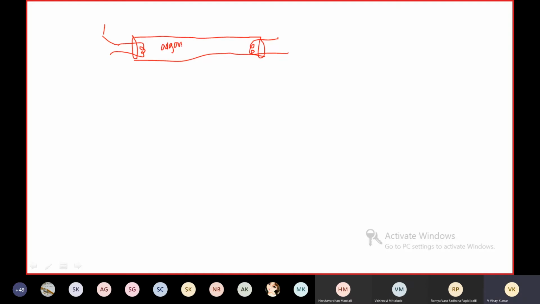Argon gas is present inside this tube, right? The supply voltage, 230 volts, is given. Here you're going to have a choke coil, connected like this. This is the choke coil.